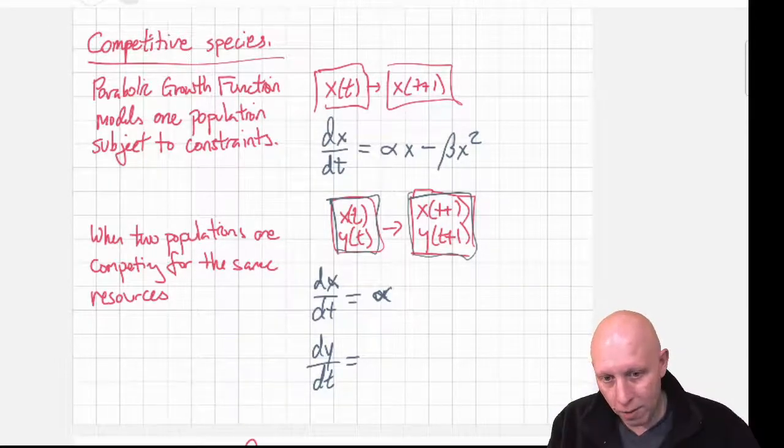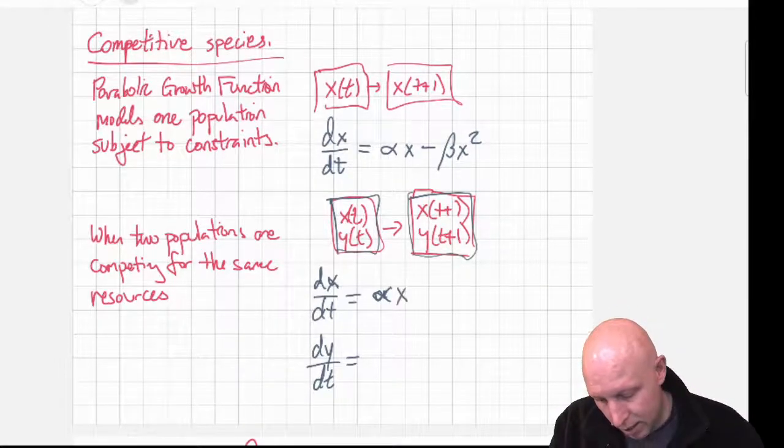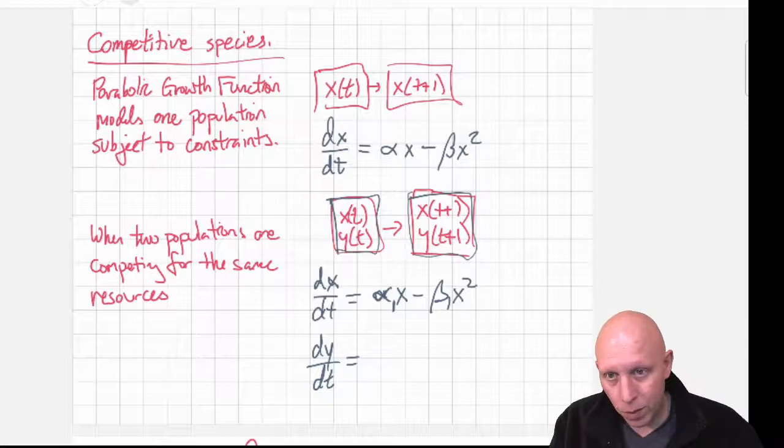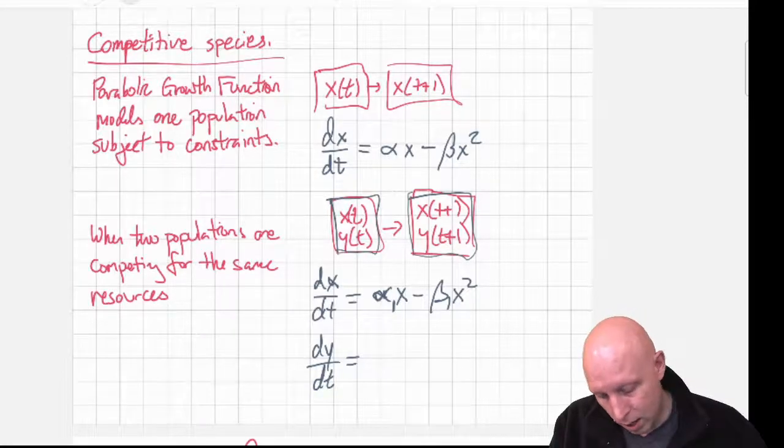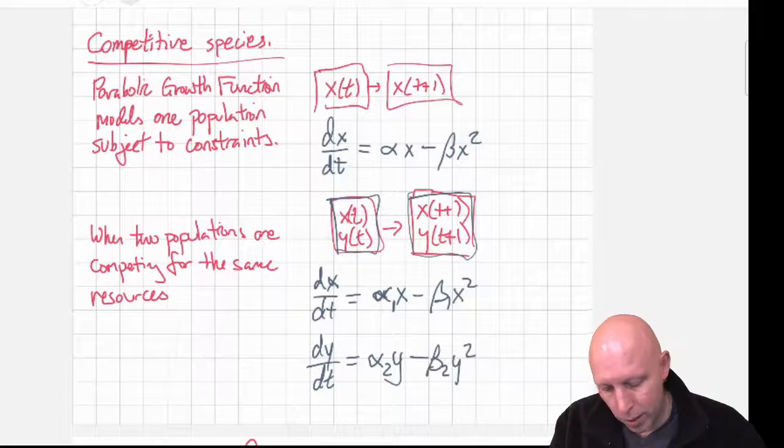So we have alpha 1 times x, minus beta 1 times x squared. And then for y, it'll be similar, alpha 2 times y minus beta 2 times y squared.